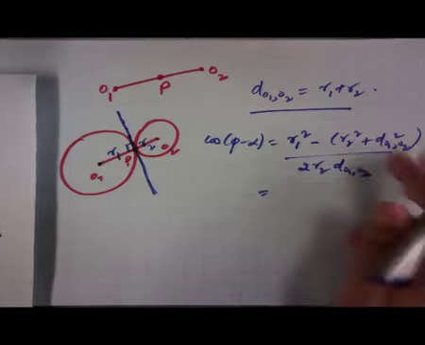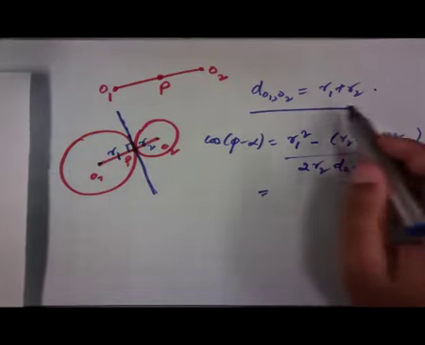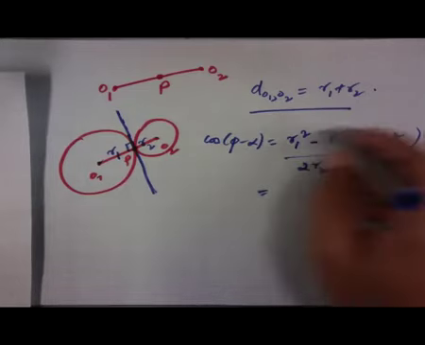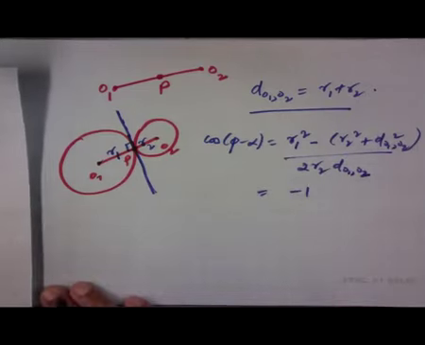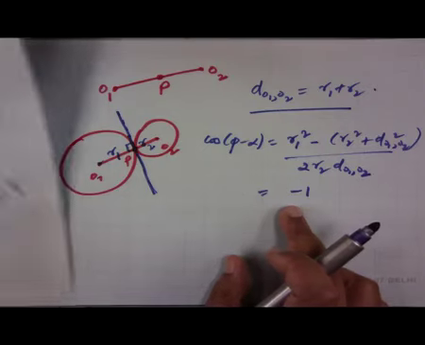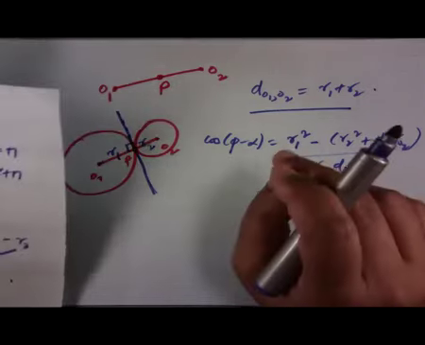Now, in this equation, if we put d(O1O2) equal to R1 plus R2 and do a little math, we will see that this value comes out to be minus 1. This will mean that beta is equal to 0, which means the two circles will touch each other at P.